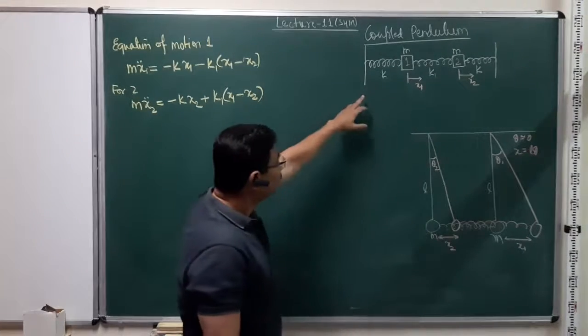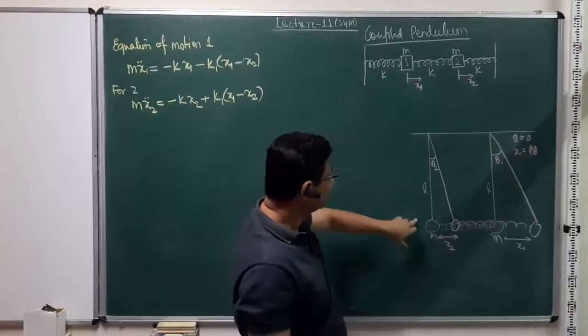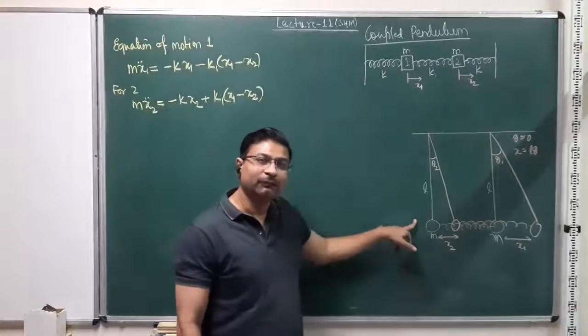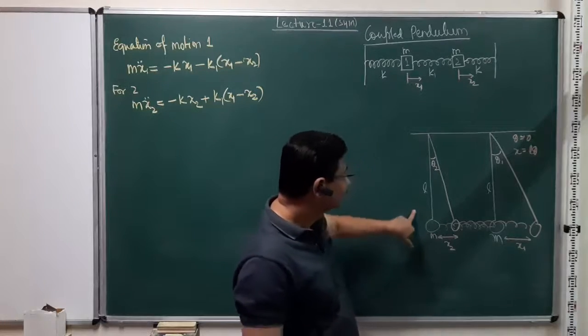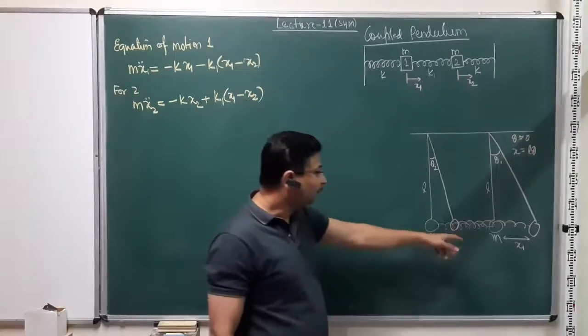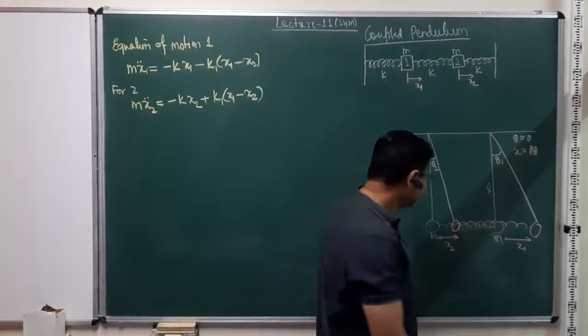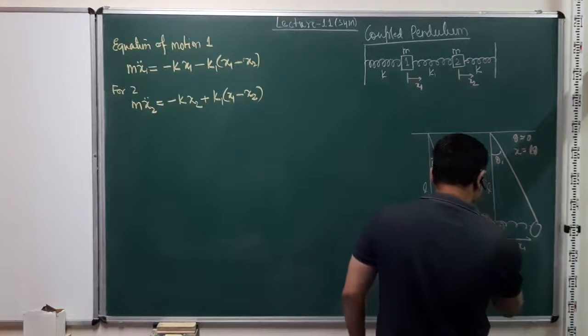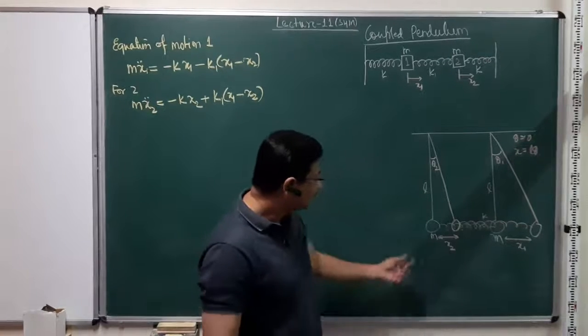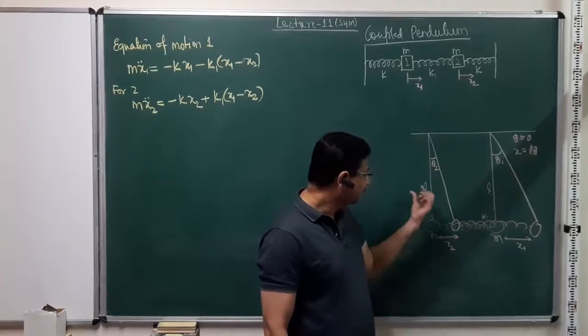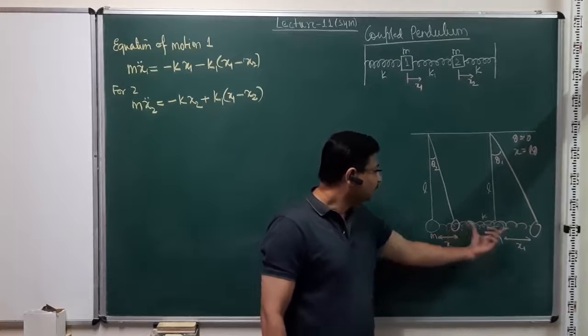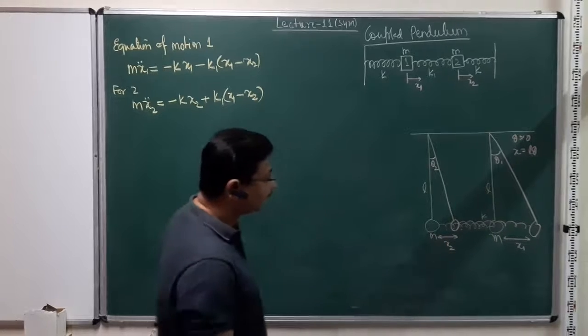Right. This system is analogous to another system which you have seen and worked on in your physics laboratory, and that is of two simple pendulums coupled via again a spring of, let's say, spring constant k here, and here also the simple pendulums are exactly the same, mass m, length l, and they are coupled with a spring in the middle.